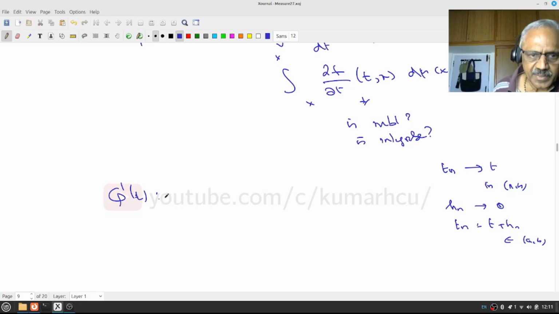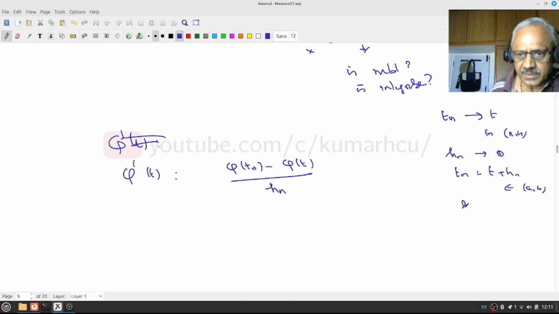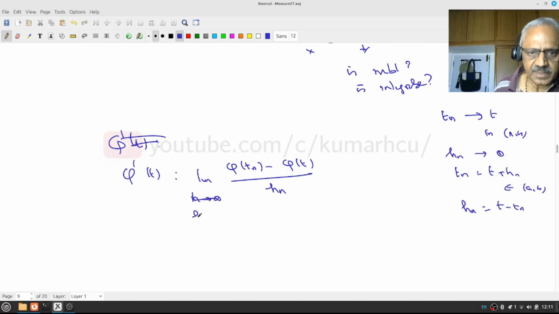Then phi dash of t, by definition, or let us even look at f first. Phi dash of t, if at all it exists, must be the limit of phi of Tn minus phi of t by Hn, where Hn is t minus Tn, as n goes to infinity, or Hn goes to 0.